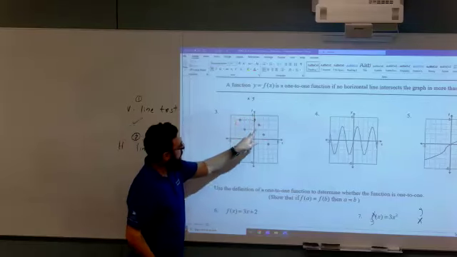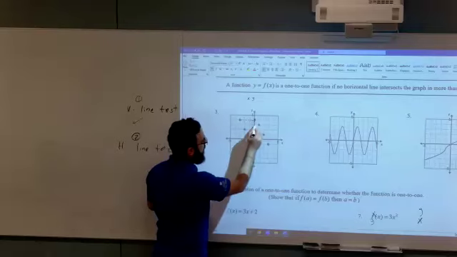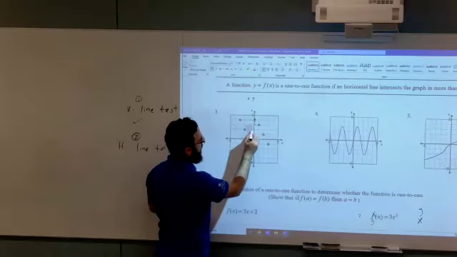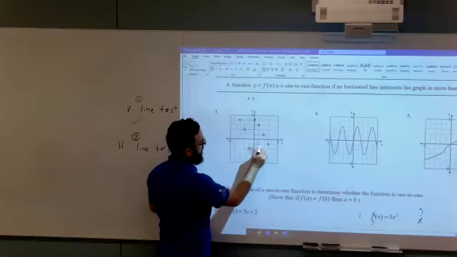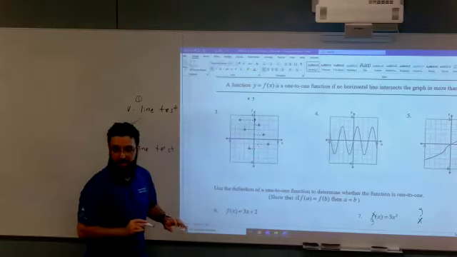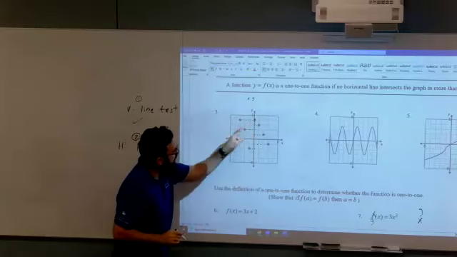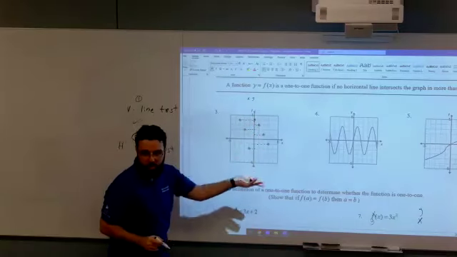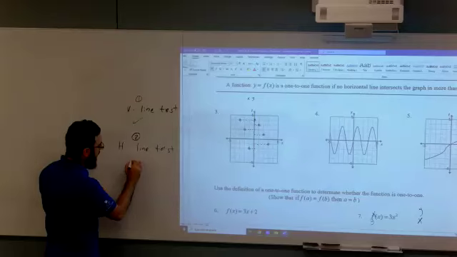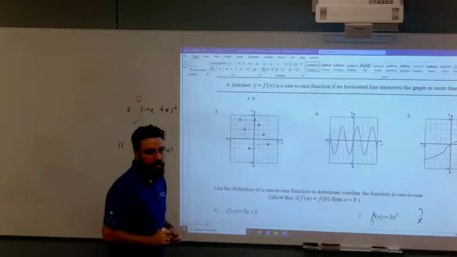Here it intersects only 1 point. What about this point? Same thing. What about this point? Is that okay? So each y here goes to 1 x. So it's fine. With graph 3, the second condition is satisfied.